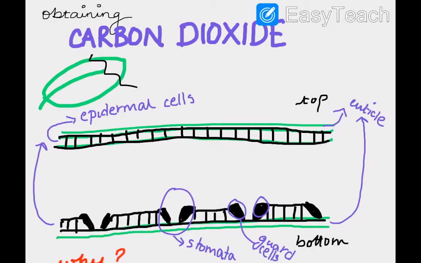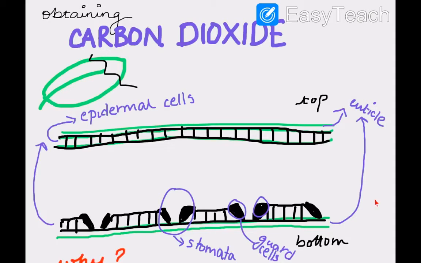So the whole purpose of the stomata is to allow for carbon dioxide to come into the leaf and go outside of the leaf. So carbon dioxide is a huge part of photosynthesis. It's one of our reactants, right? So the leaf needs a lot of it, and that's why we would open up the stomata to allow for carbon dioxide to enter this leaf.